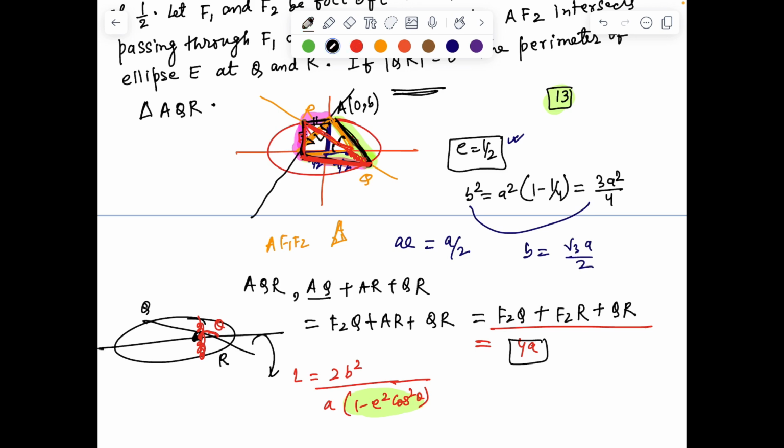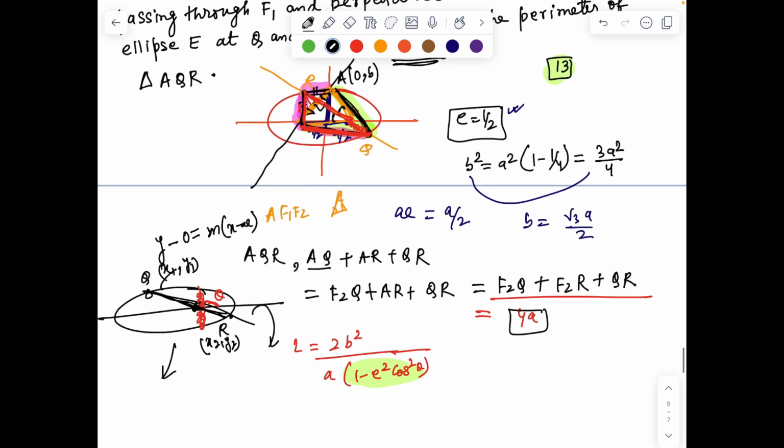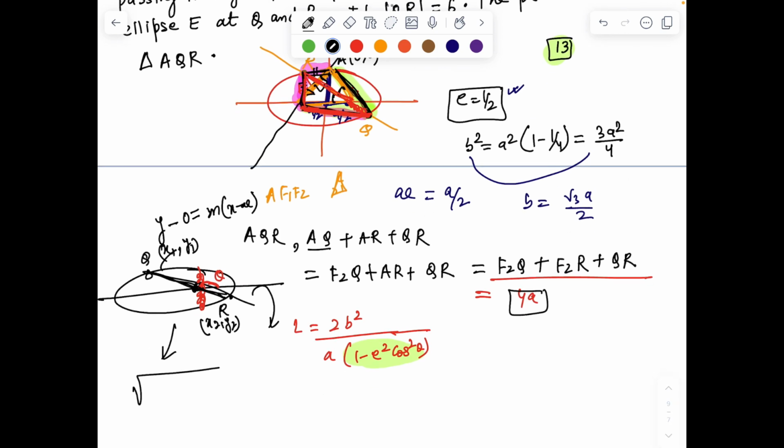Okay. Moreover, it can be derived by taking a line passing through the focus. So y minus 0 is slope m, which is tan theta, times x minus e. Okay, and try to solve this with the ellipse. To find this distance, we can find the points of intersection (x1, y1) and (x2, y2). There is no need to actually find these points, but you can find that distance by the distance formula.